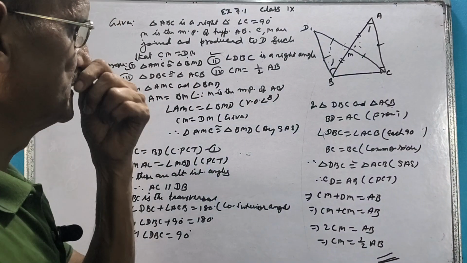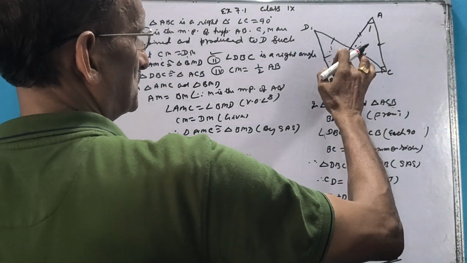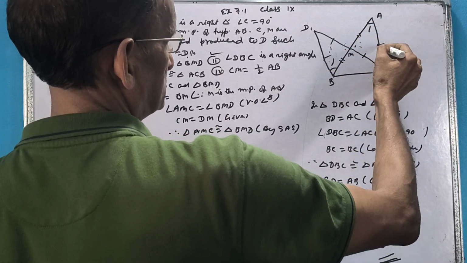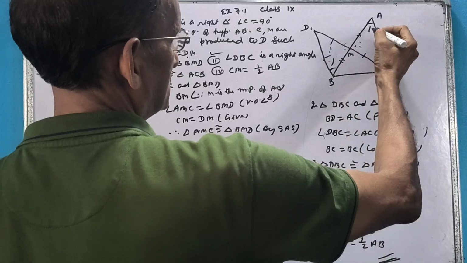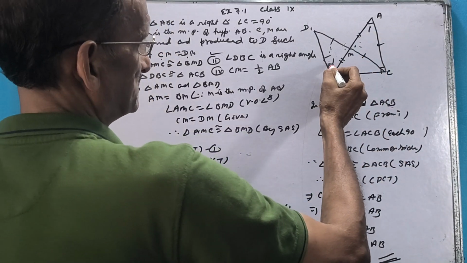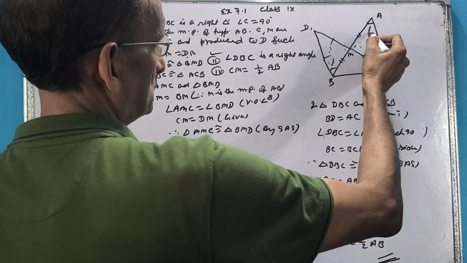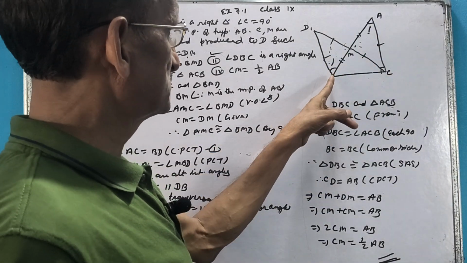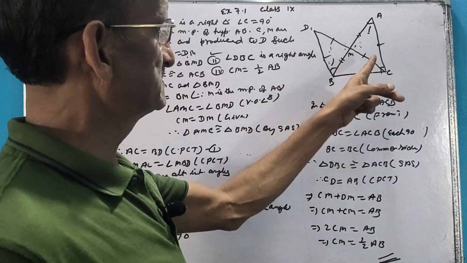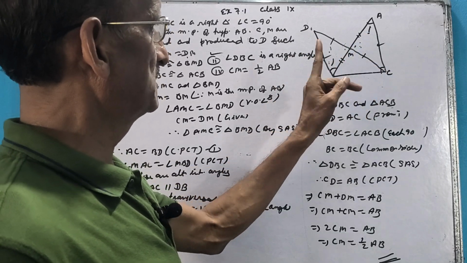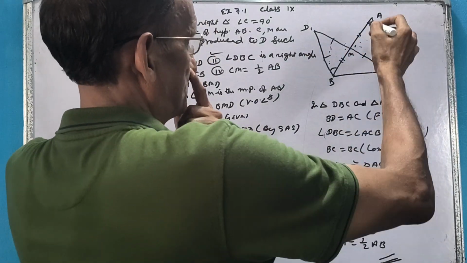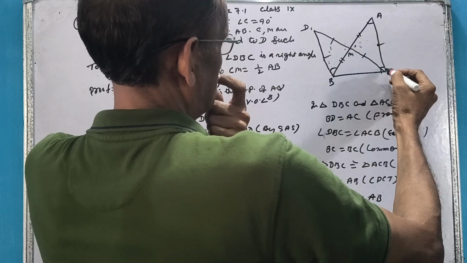This is very important. First we will prove this triangle congruent to this triangle by SAS. Then you will get BD equal to AC by CPCT. Also I will get this angle equal to this angle. But these are very clearly a pair of alternate interior angles, formed by this transversal AB intersecting DB and AC. You know alternate interior angles are only equal if the lines are parallel. So AC parallel DB. If AC parallel DB, then we see the transversal BC.